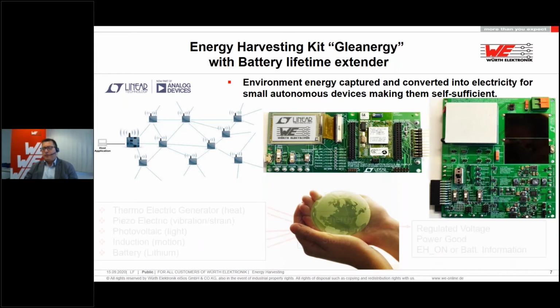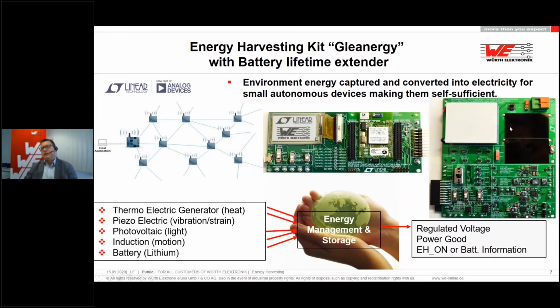You have a power board where you can harvest simultaneously with solar cells in series, solar cells in parallel. You can add a thermoelectric, piezo, or inductive harvester. You also have the possibility to switch on a backup battery, a lithium cell, and to add a secondary battery, like a rechargeable lithium-ion battery.